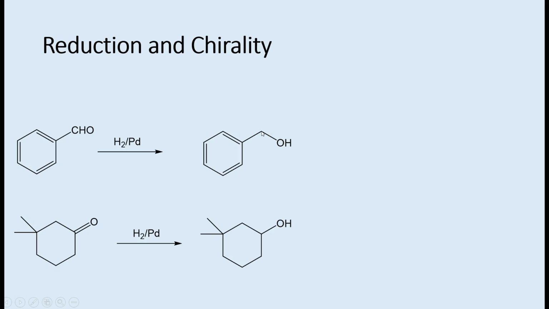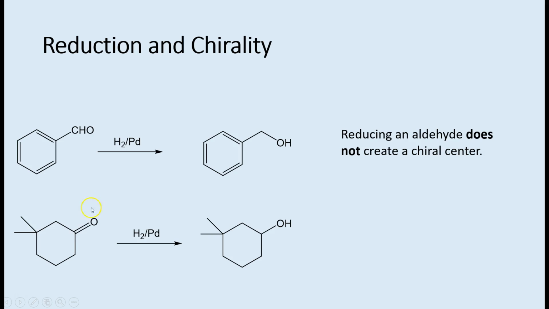Well, you recall that in order for a tetrahedral carbon atom to be a chiral center, the 4 things it's attached to have to be different from each other. But anytime I've got a primary alcohol, 2 of the substituents are hydrogen. Hydrogen here, hydrogen there. And therefore, when I reduce an aldehyde, it does not create a chiral center. It never will.